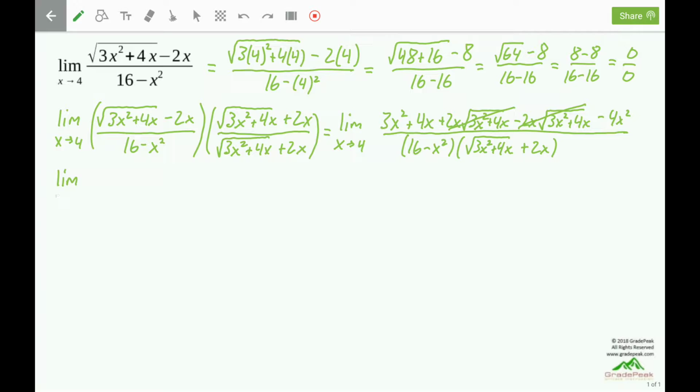So that will give us limit as x goes to 4 of negative x squared plus 4x, and then divided by that entire denominator, which I'm not going to do anything with just yet.